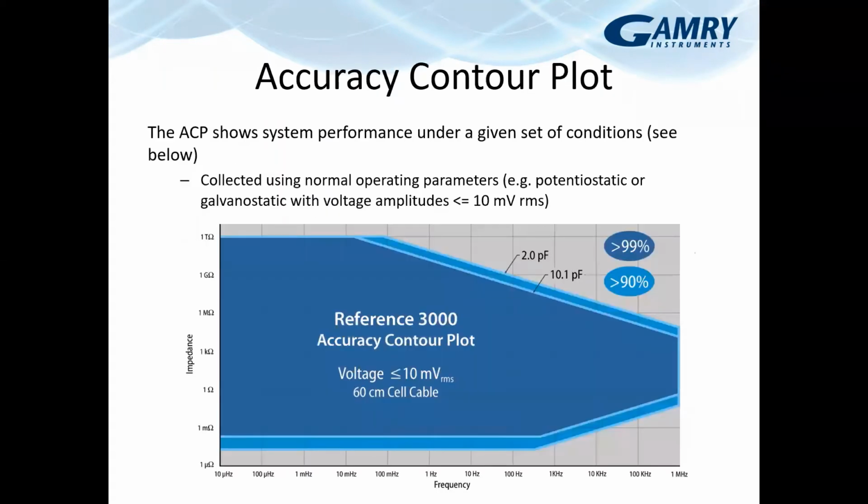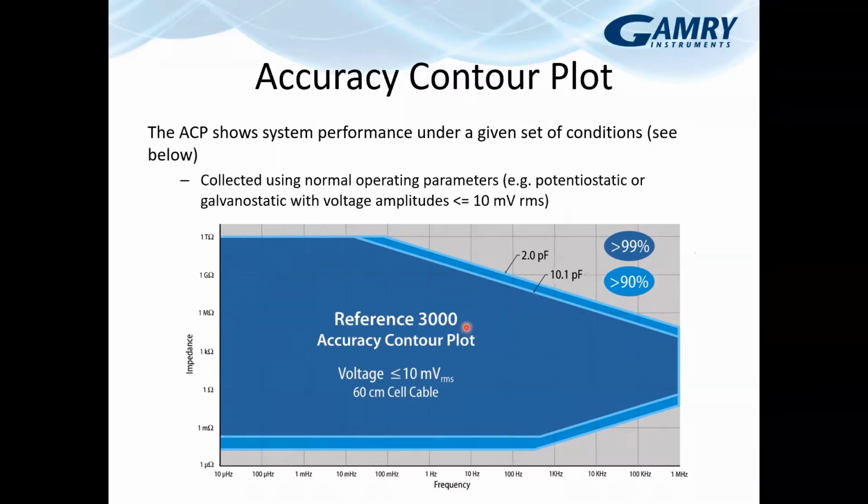That said, we publish an accuracy contour plot. You can also get this for a lot of different potentiostats. Manufacturers will have these. They're not all exactly the same, so you can't necessarily directly compare them. You really need to pay attention to how the accuracy contour map is made.